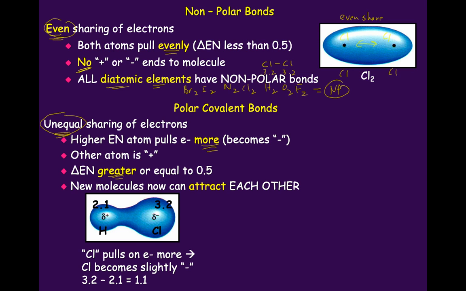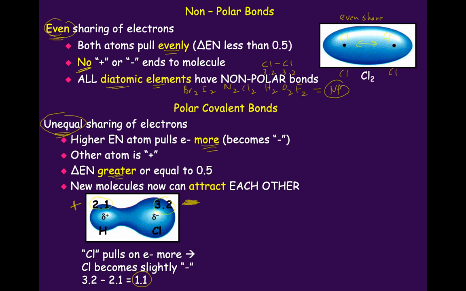Take a look at this versus that. Now we have hydrogen on one side with a 2.1 electronegativity versus a 3.2. In that case, this is going to be the negative side of the bond, and this will be the positive side of the bond. You'll eventually see how this difference is 1.1, and it distorts the cloud. We have a negative sign on that side.